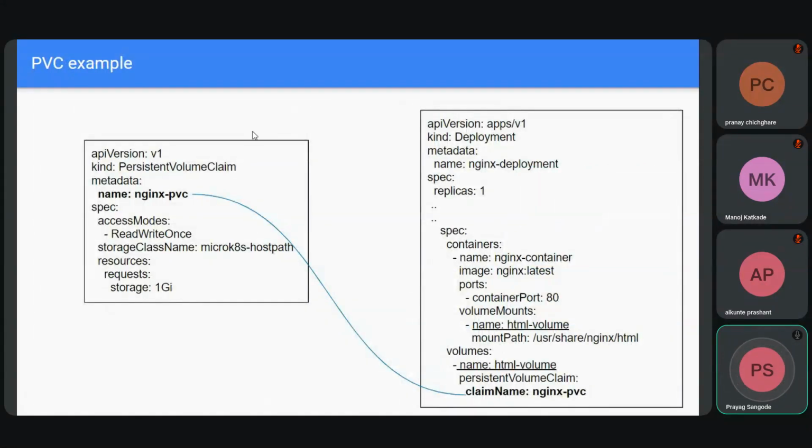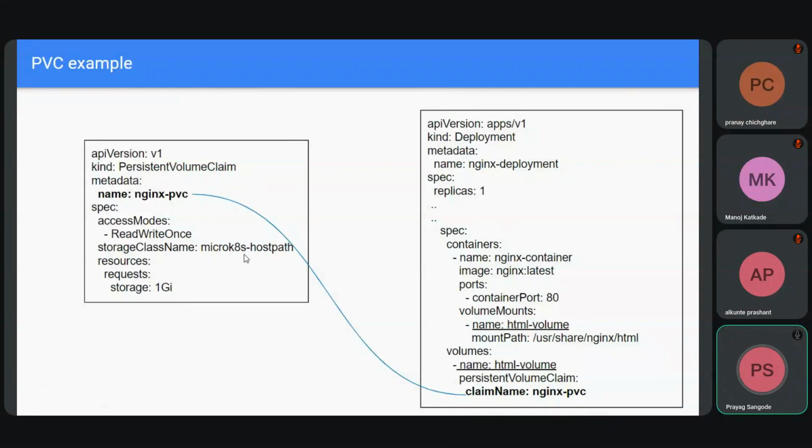And this is how we create the configuration for a PVC. Till now we have seen deployments, services, ingress, cert manager, these kinds of objects. Now the new object we will learn today is the persistent volume claim. We are asking for 1 GB of storage.